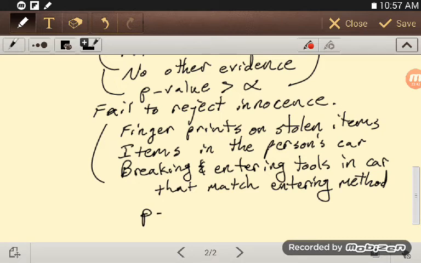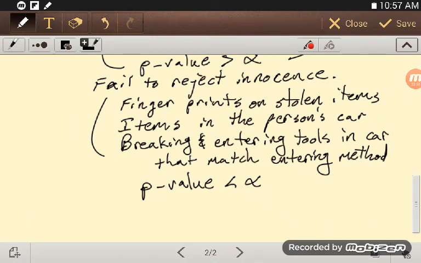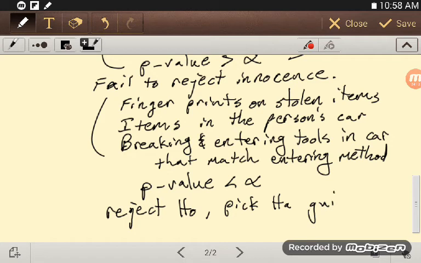Now all of a sudden, hey, we're getting this p-value down there. The probability that we could have pulled from an innocent pool and had all these things happen is really tiny, maybe. And so now we say that's below alpha, and we reject H0, pick HA, and they're guilty. Okay, that's the idea.